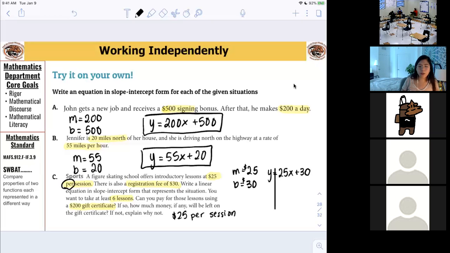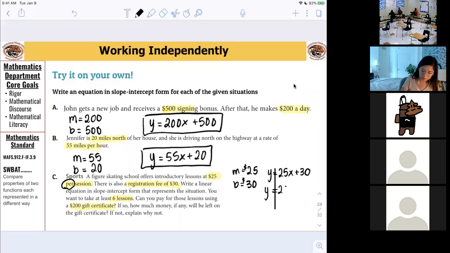Whenever you have the word per, whatever is on the left of that per is the y, and whatever is to the right of it is the x. So 25, the money, is y, and the number of sessions is x. There's a couple of ways to think about that. Whichever one is more helpful, go for that one. But basically, we're plugging in 6 to figure out how much money it's going to cost.